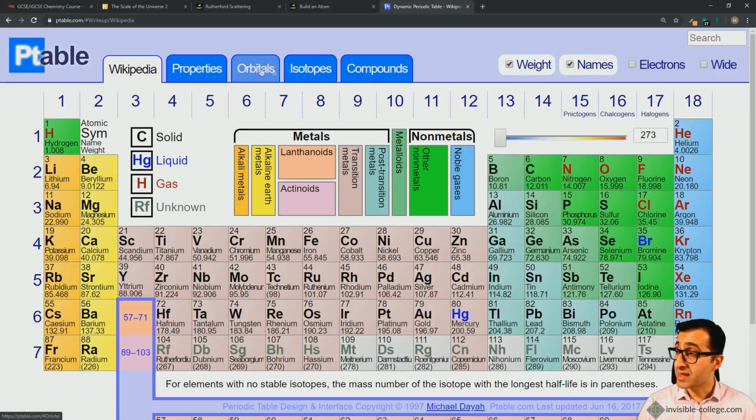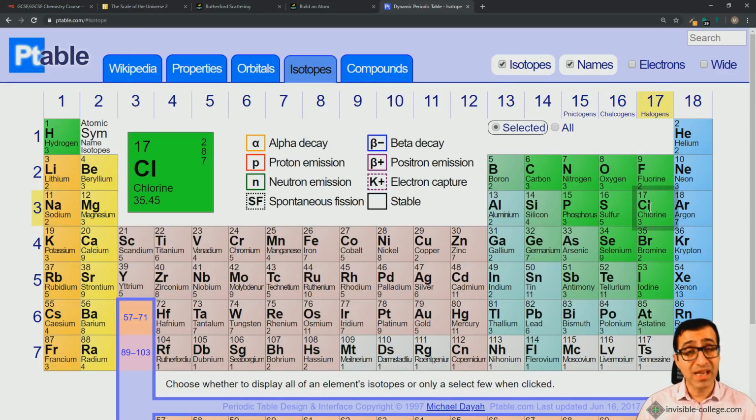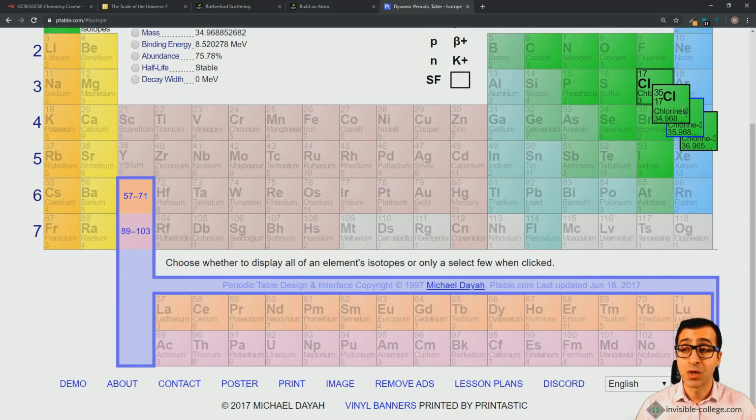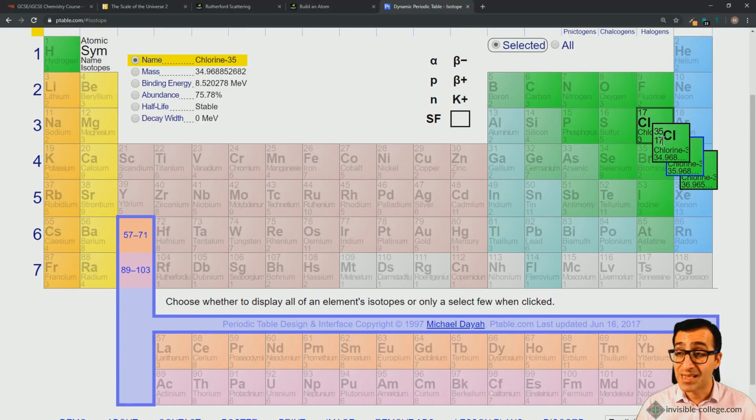What I mean by that is that if you take all of the atoms of chlorine in the universe, we've already established that there are 3 different isotopes, 3 different versions of chlorine atoms which have different numbers of neutrons to each other. But they don't exist in equal quantities. It's not like a third of all chlorine atoms are chlorine-35, and the other 2/3 are chlorine-36 and chlorine-37. It's not an equal number of these. These exist in different relative abundances.